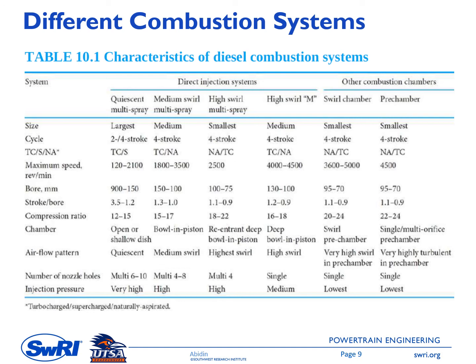And then this table is showing different combustion types. For the first category, looking at the size, the direct injection system is usually used for large engines. In these large engines, because we don't need a very high combustion speed, some of the large engines are operated under quiescent condition with multi-spray.